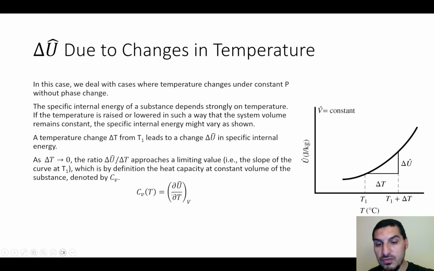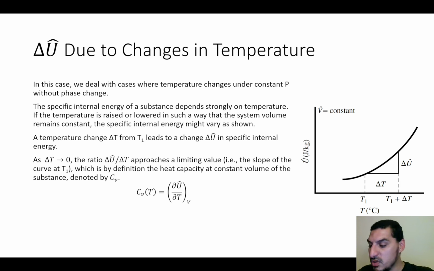It's the change of specific internal energy with respect to temperature at constant volume. And there is something that we need to notice here, that this CV is a function of temperature, which means that the slope at this point is going to be different from the slope here, and different from the slope here. So there's something that we need to keep in mind, because this is going to be one big thing that we will be going through when we do the calculations later.